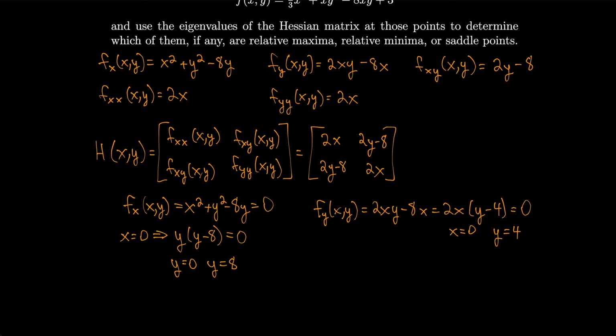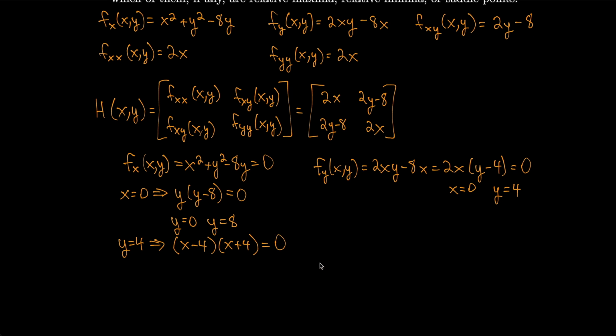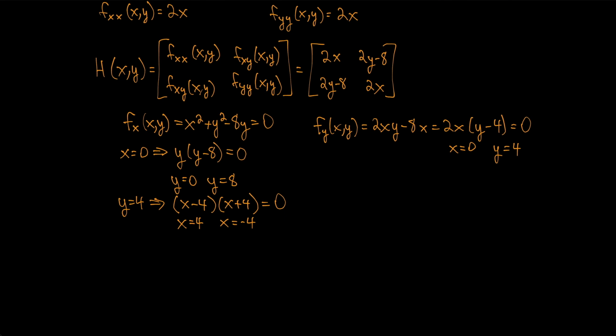Plugging 4 in gives x squared plus 16 minus 32, so that's x squared minus 16. Factoring that as x minus 4 times x plus 4 and setting it equal to 0, I get x equals 4 and x equals minus 4.